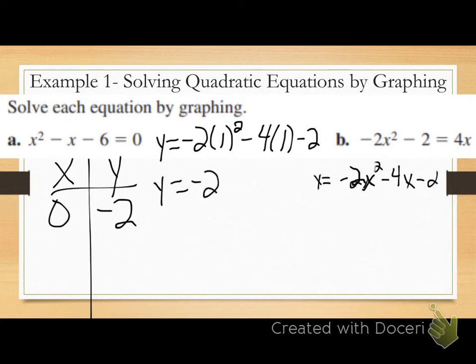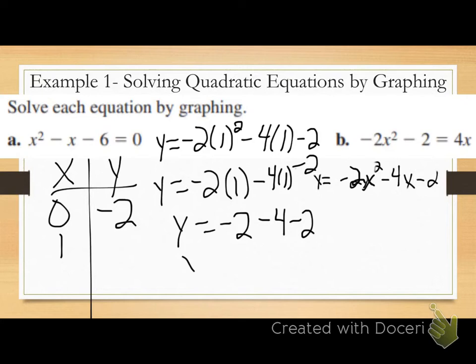What's 1 squared? 1. Negative 2 times 1? Negative 2. Negative 4 times 1? Negative 4. Negative 2 minus 4 is negative 6.